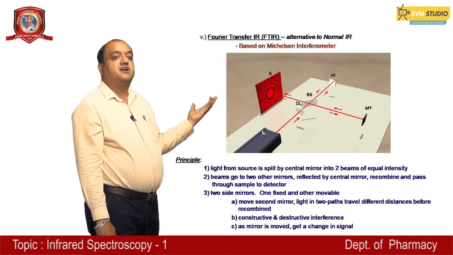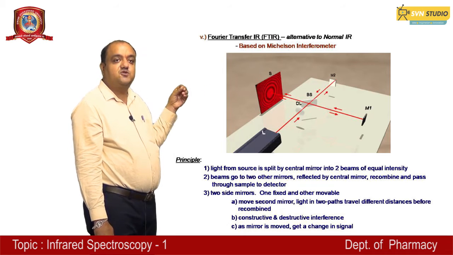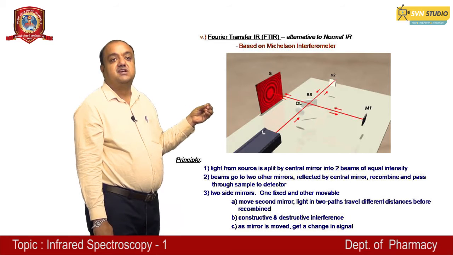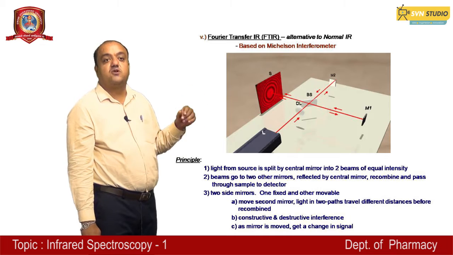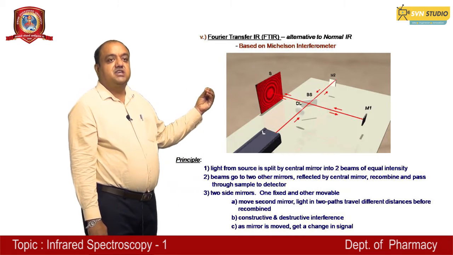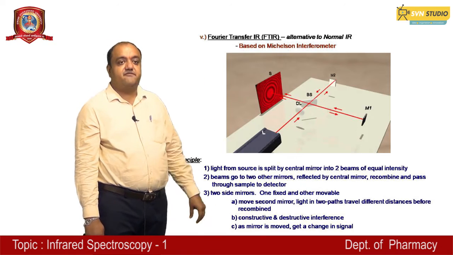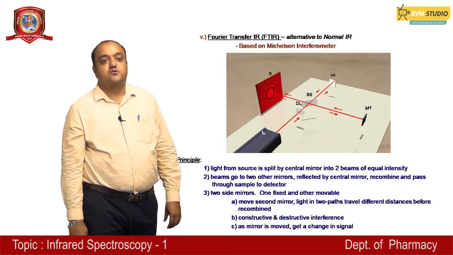Next, the Fourier transform IR spectroscopy. It is also known as FTIR. This is the alternative to normal IR spectroscopy. It is based on the Michelson interferometer. The graph shows the FTIR. The principle is, first, the light from the source is split by the central mirror into two beams of equal intensity.